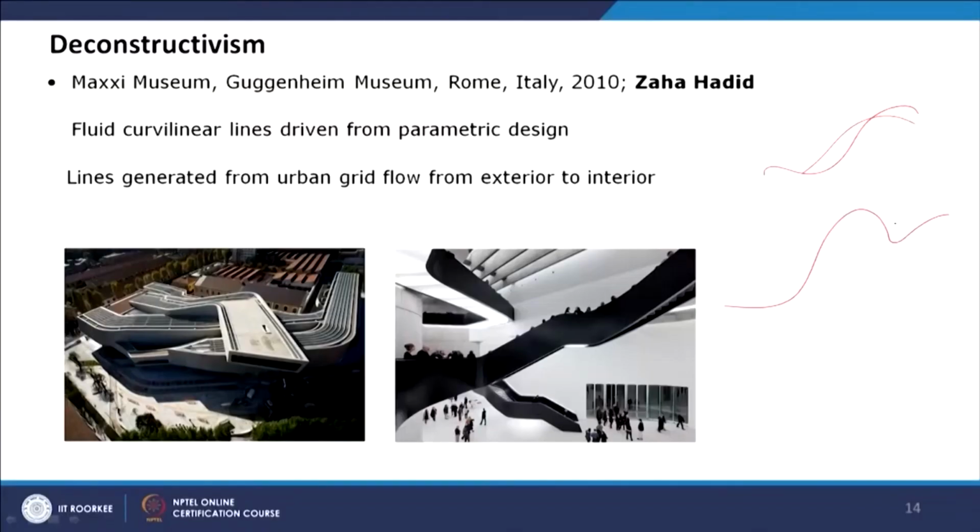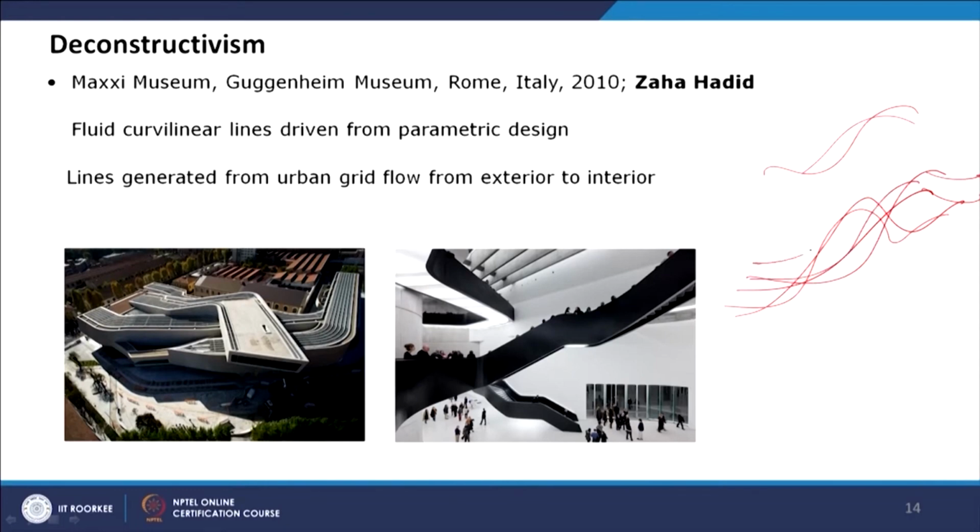So it's mostly parametric architecture. In parametric architecture, mathematical parameters are driven first, and then all these lines are created through mathematical formulas, and through these lines the design is evolved.